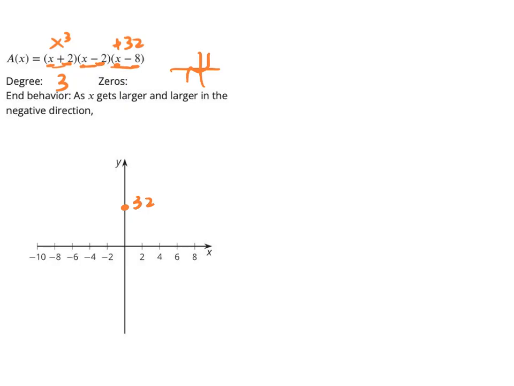Now, let's put our zeros. For our zeros, you had to change the signs. Why do we have to change the sign? Because x plus 2 equals 0. You subtract 2, you subtract 2, you get x equals negative 2. So our zeros are negative 2, positive 2, and positive 8.